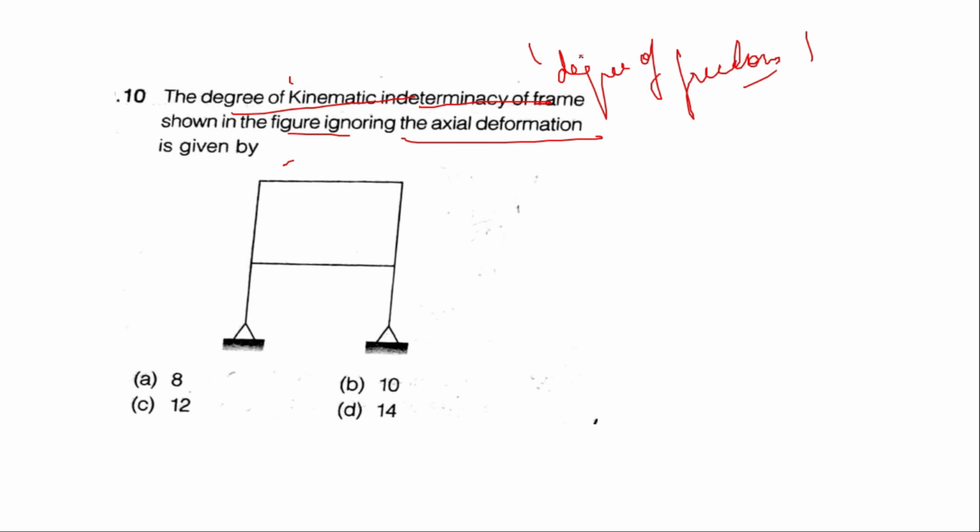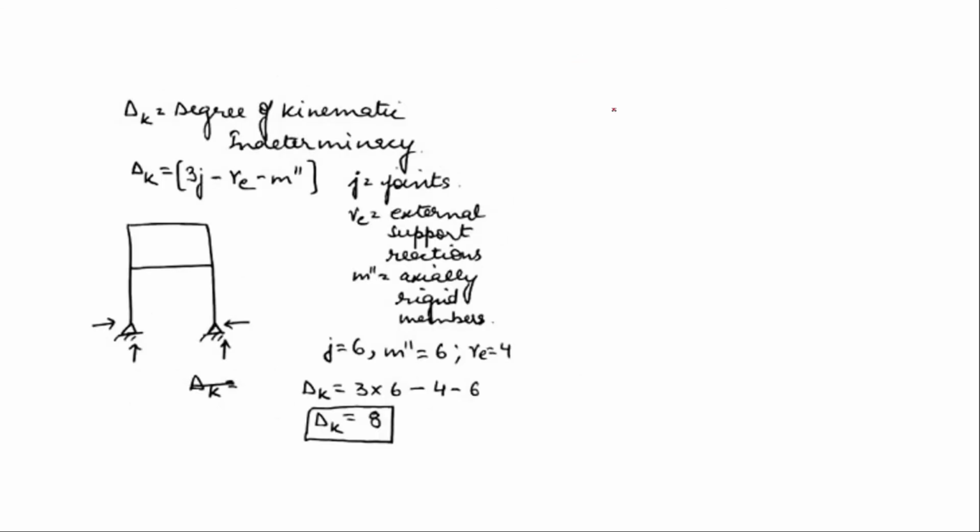Here dk is the degree of kinematic indeterminacy, and for this structure it is given by 3j minus re minus m dash, where j is the joints, re is the external support reactions, and m dash is the axially rigid members.